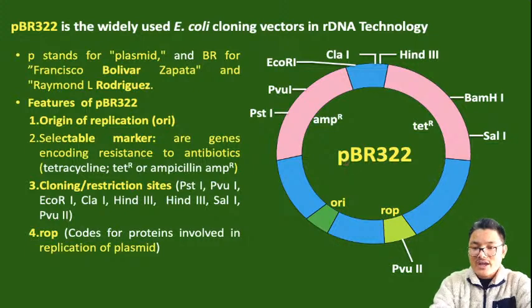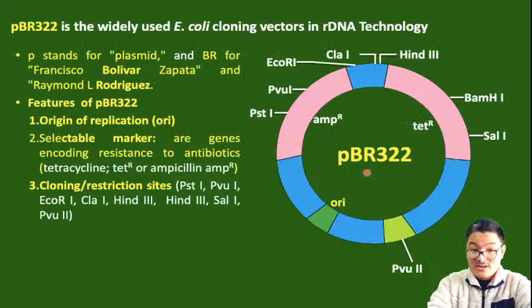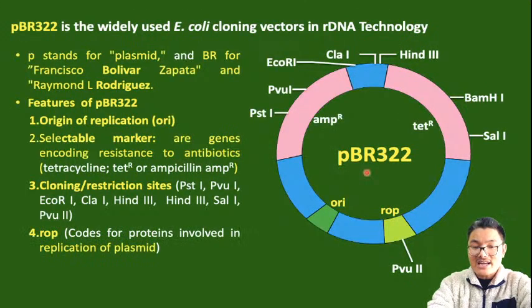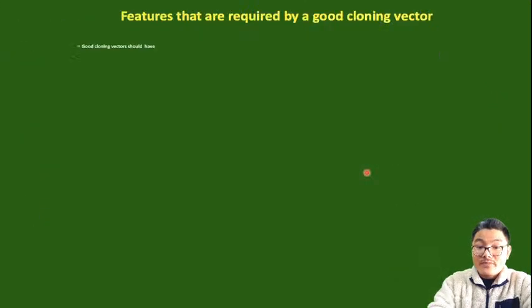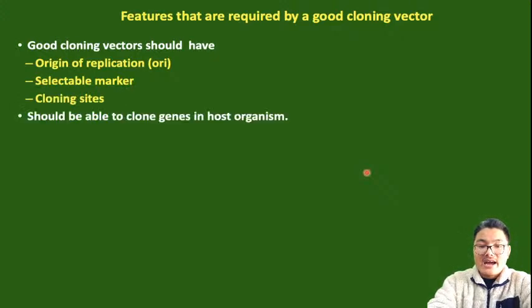We have just 1 minute left, within which I would say that, with reference to the terms we have studied in this slide, the features required by a good cloning vector are: it should have an origin of replication, it should have a selectable marker, it should have a cloning site, and it should be able to clone into the host cell.